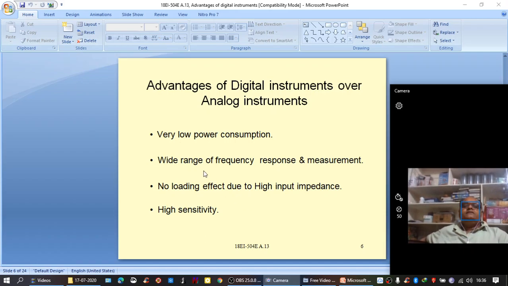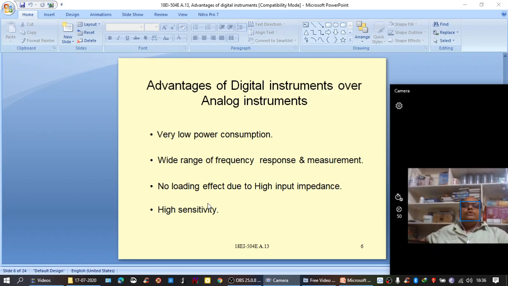And wide range of frequency response and measurement. We can measure DC voltages and currents. We can measure AC voltages and currents. And even in AC, we can measure voltages ranging from very low frequencies to very high frequencies without any error.